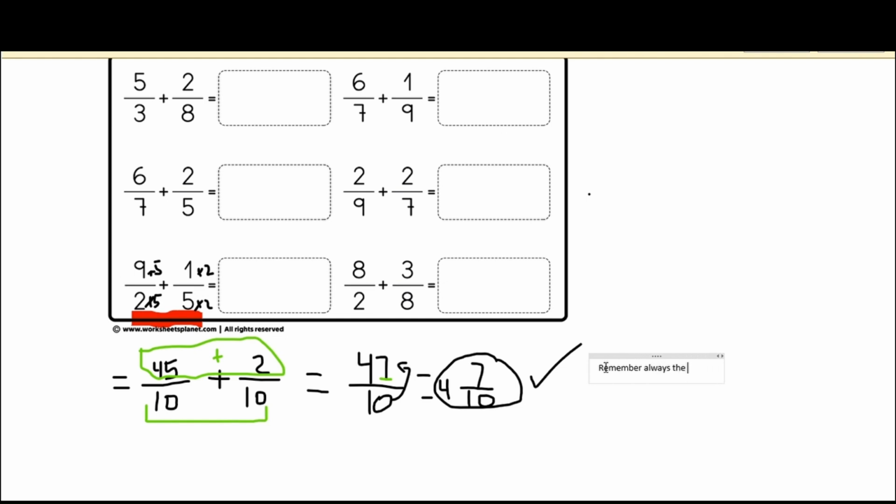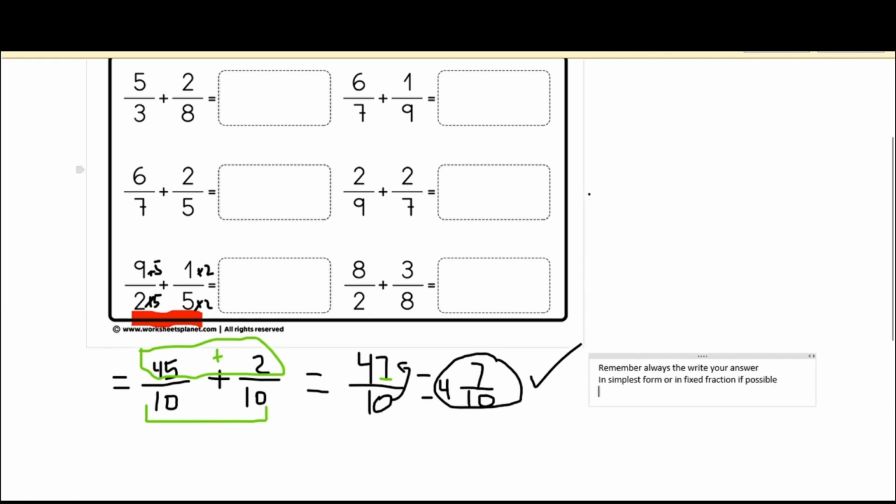How many times does a number go into the number? And the remaining number, you write it at the bottom. How many times does the number go in? You write it aside. So always remember to write your answer in simplest form.